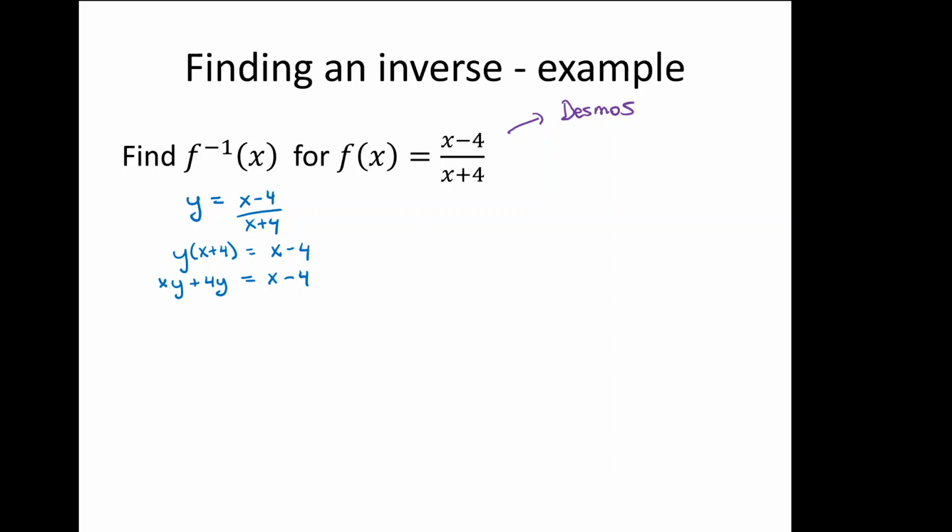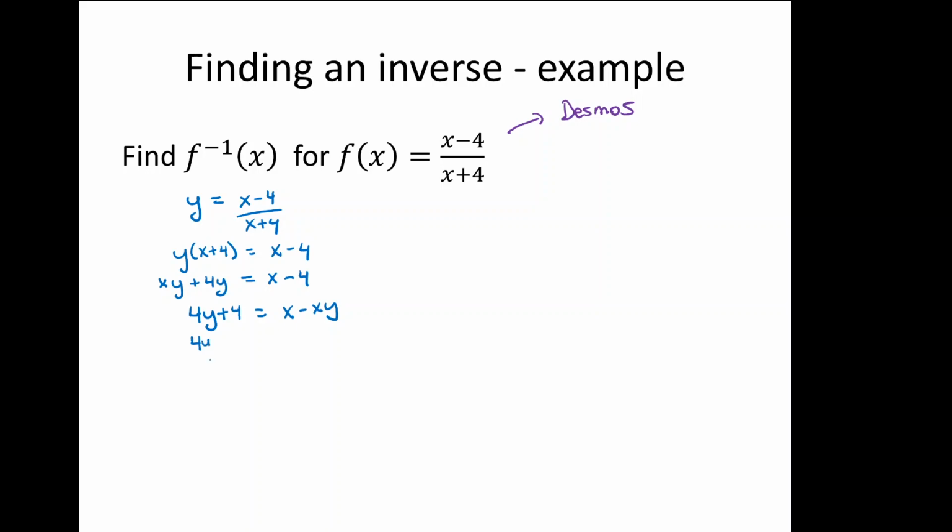Then I'm going to group the x terms together and group the y terms together. And it doesn't matter if you move stuff left or right. I'm going to group all the x stuff together. I'm going to move the xy to the right, and I'm going to add 4 to both sides. So 4y. And the point of this is to get every piece with x on one side. So 4y plus 4, adding 4 to both sides, is equal to x minus xy, subtracting xy from both sides.